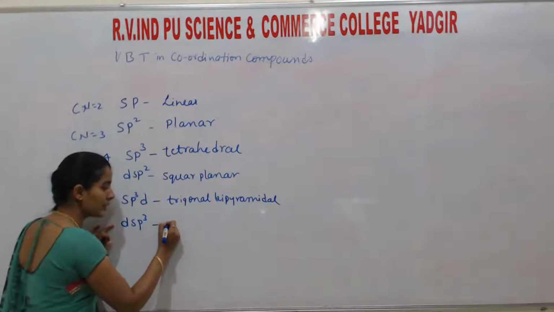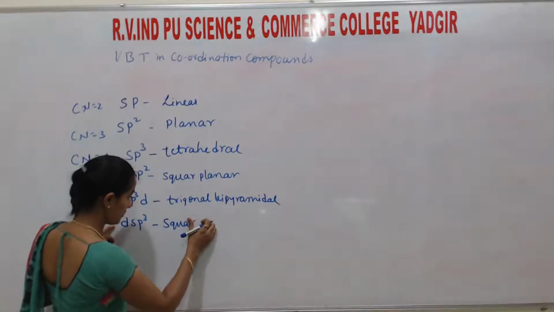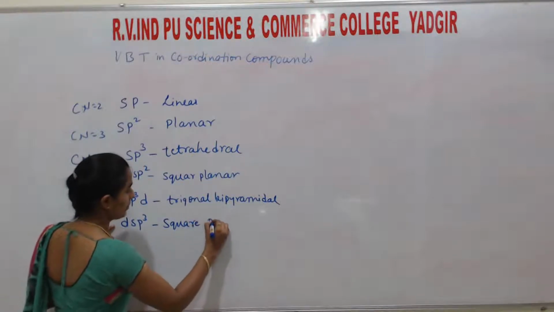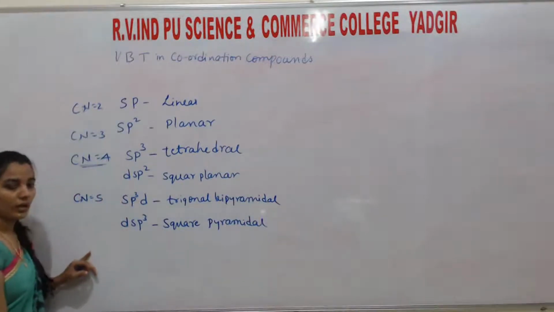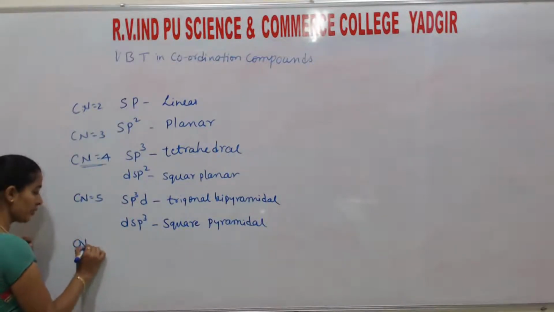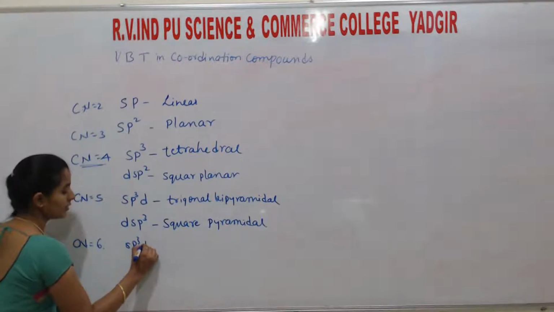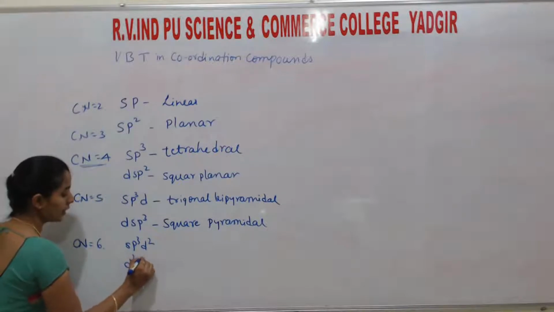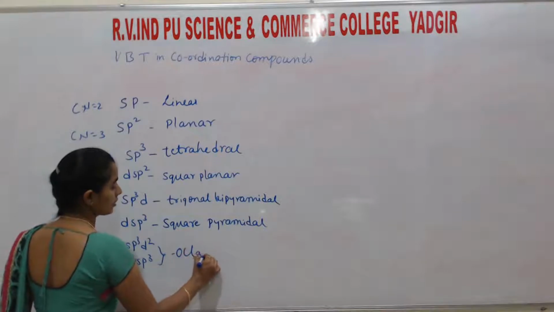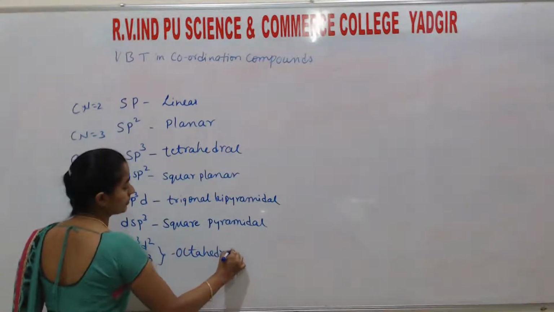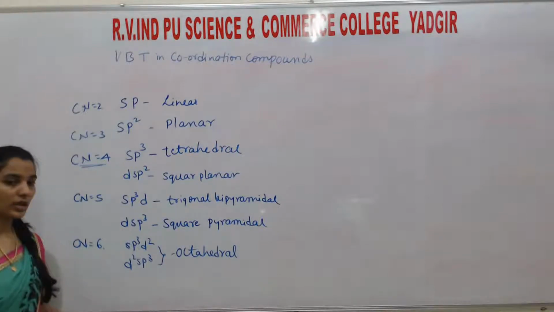If it is dsp2, then it is square pyramidal. And if the coordination number is 6, it forms either sp3d2 or d2sp3. In both cases, the structure is octahedral.